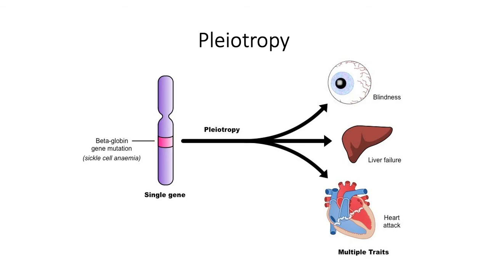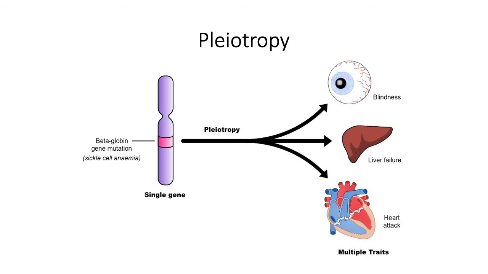A mutation in the beta globin gene can lead to a condition called sickle cell anemia. In sickle cell anemia, the beta globin mutation leads hemoglobin molecules to stick together within the red blood cell. The long rods formed by hemoglobin molecules that are stuck together can bend the red blood cell out of shape.